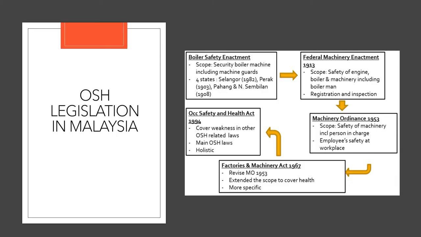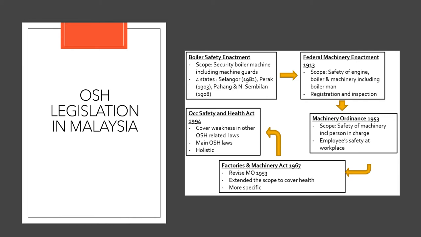Okay, so this slide was already presented to you during chapter 1, which is the chronology of OSH legislation in Malaysia. Before they came out with OSHA 1994, they came out with the Factory and Machinery Act 1967. But before that, they only focused on standard and regulation, depending on the demand at that time.